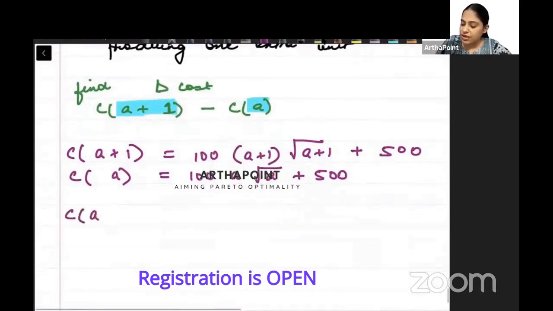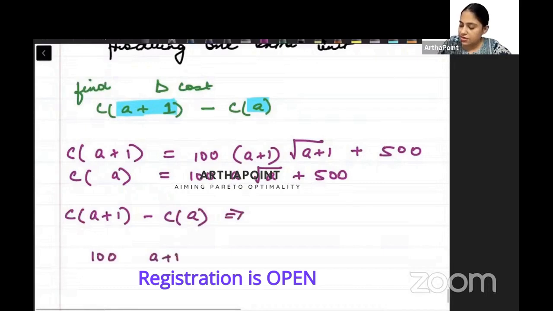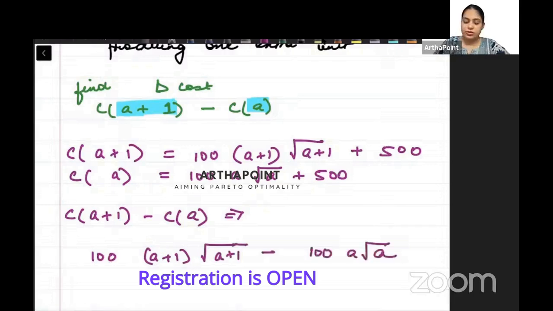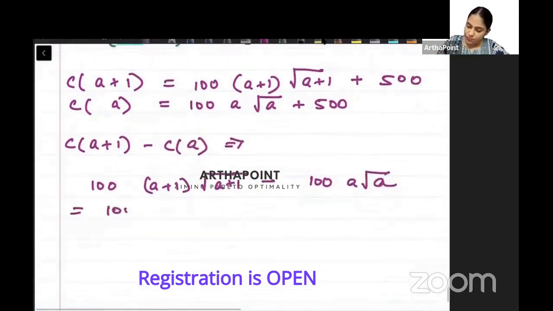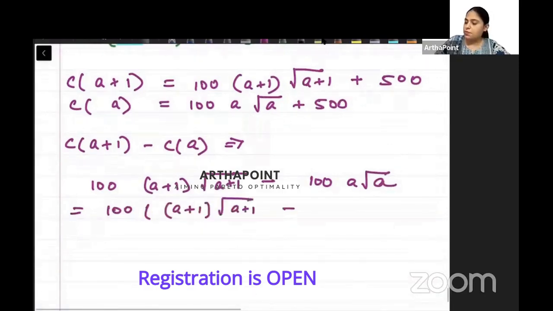So C of a plus 1 minus C of a will be 100 (a plus 1) root (a plus 1) minus 100 a root a. You can also take 100 common: 100 times [(a plus 1) root (a plus 1) minus a root a].